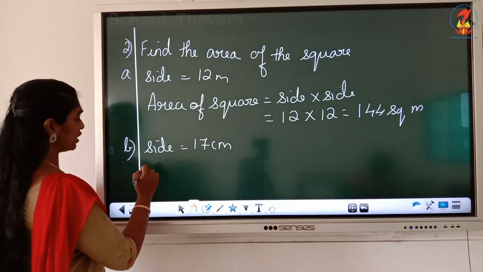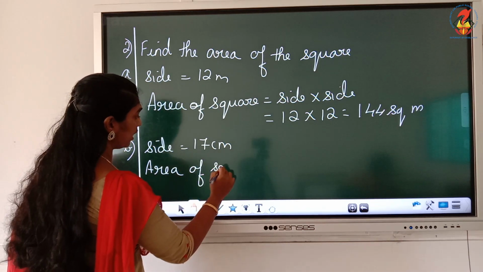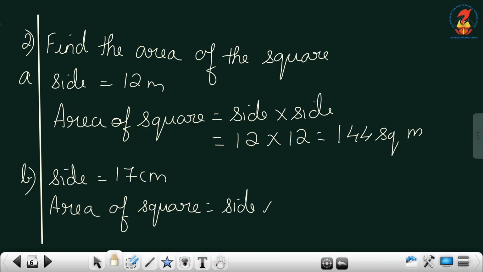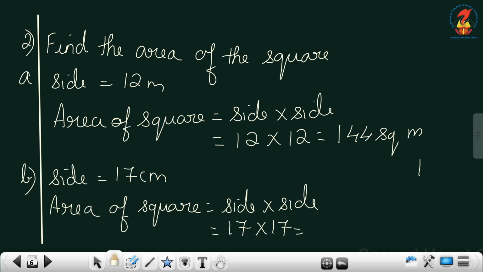You have one more question. Side is equal to 17 centimeter. So, you write area of square equal to side into side. So, 17 into 17. What is 17 into 17? If you don't know, you can do it over here. 7 sevens are 49. 7 ones are 7.